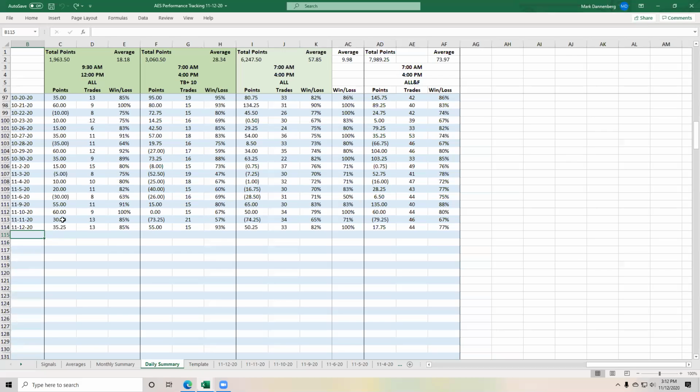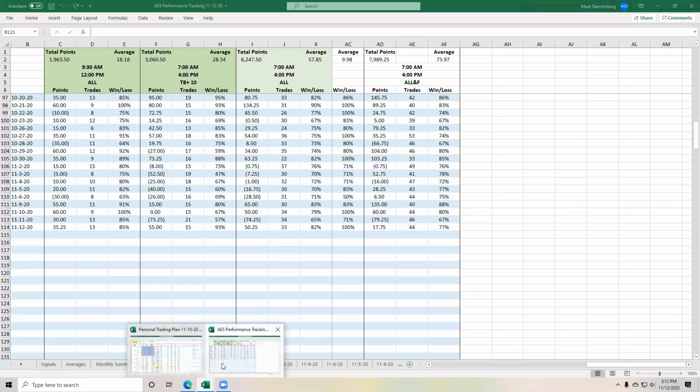By itself, that sounds like an alarming number, but you're going to see here as I translate this into the personal trading plan that it ends up not being that much of a factor for our 12-month forecast. And that was 21 trades. And then today we have 55 points and 15 trades.